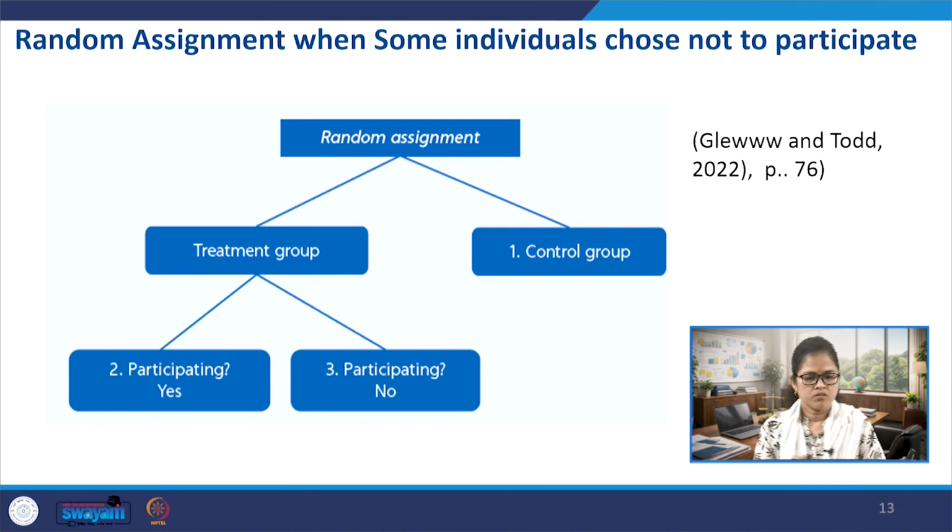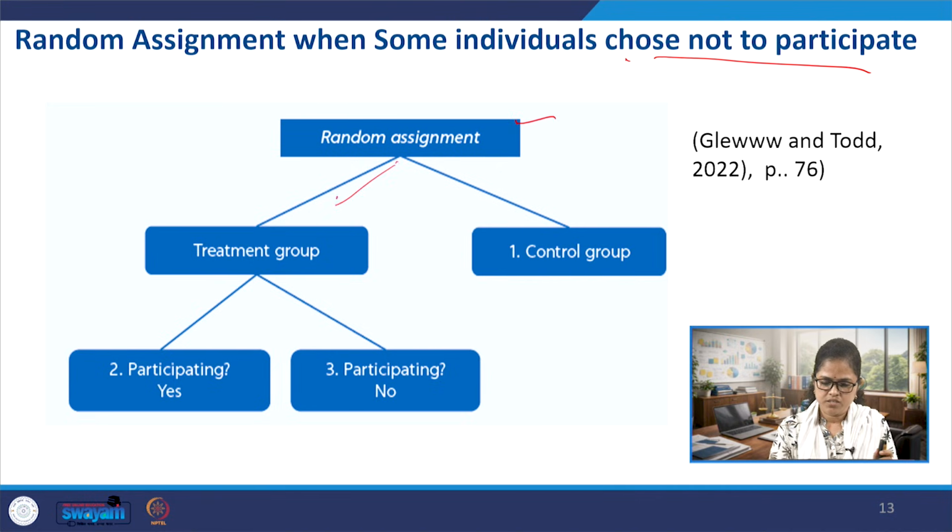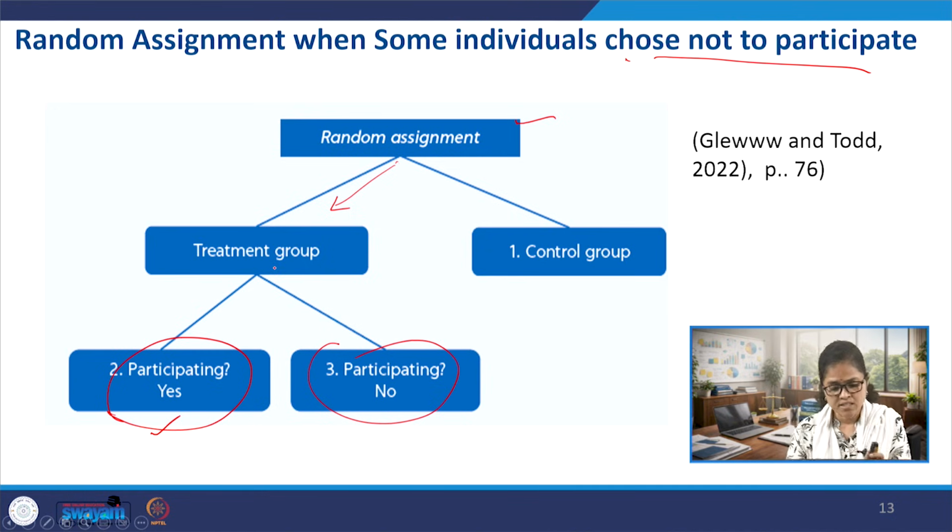Okay. So what happens here? Random assignment is there, but some individuals chose not to participate. Random assignment decides the treatment group and control group, but in the treatment group itself, some are participating and some are not, although they are assigned to this group.